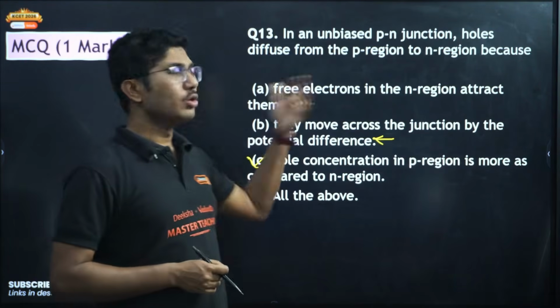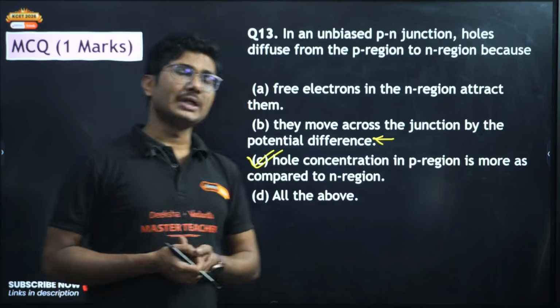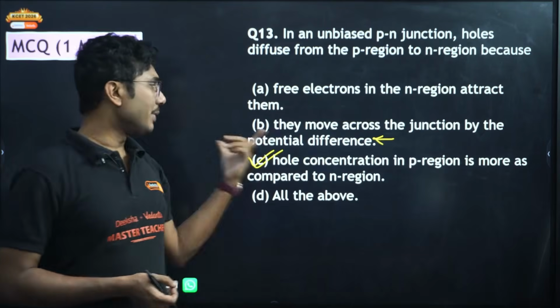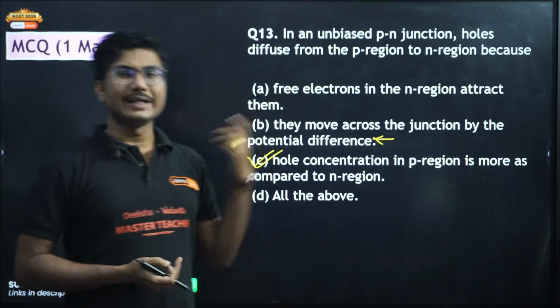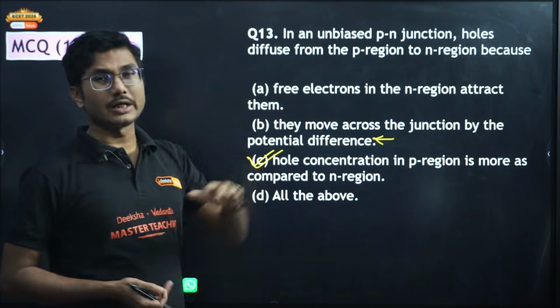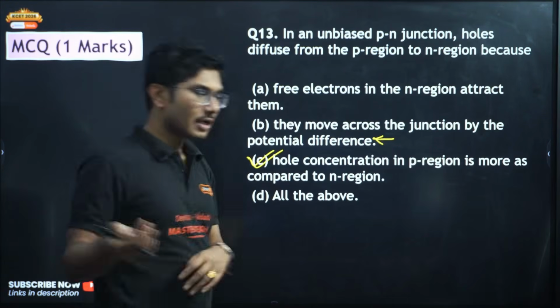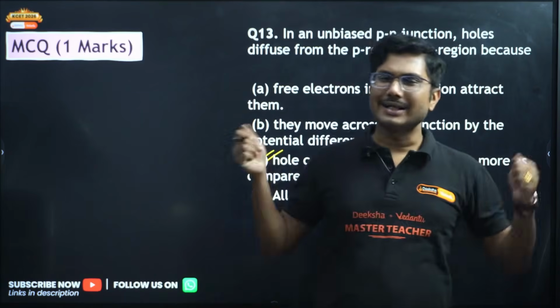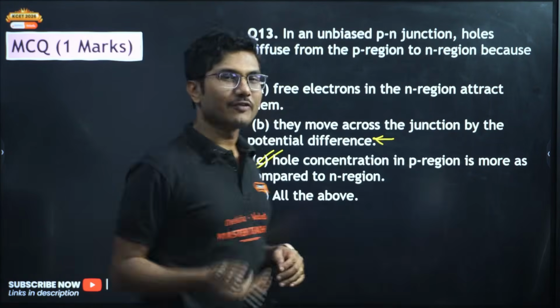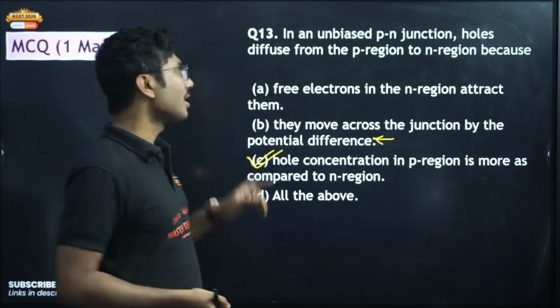And even holes are not actually a real particle, so in that sense you can ignore this statement as well. So the main reason is that the concentration of holes in the P region is more than in the N region, so that's why they start to shift. If a lot of people are inside a room, you want to move towards another room which is empty or vacant, right? So that's what holes are doing.